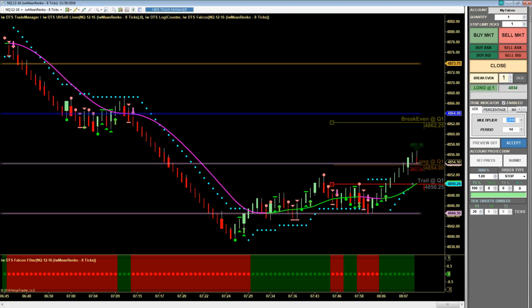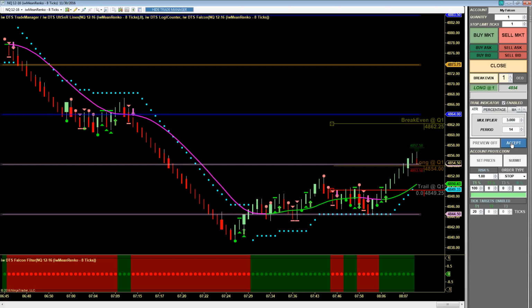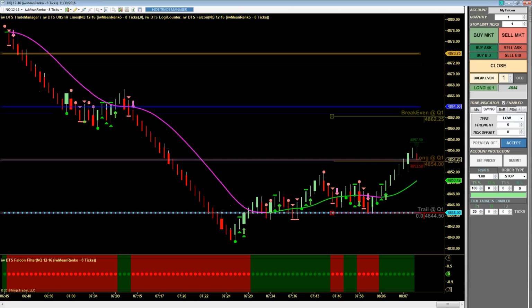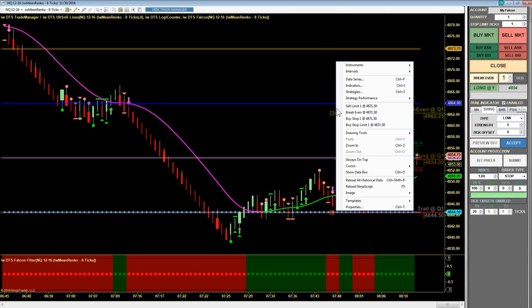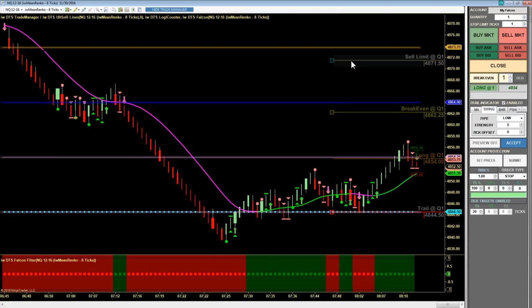And like I said, it's all adjustable. You can make it more aggressive or more conservative, or you can change stop strategies if you like. But you will not have an auto profit target when you do that. You'll have to manually enter a profit objective.